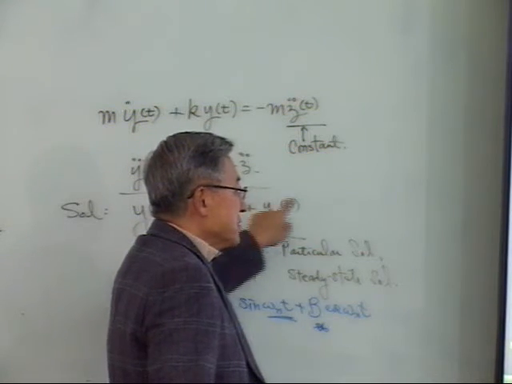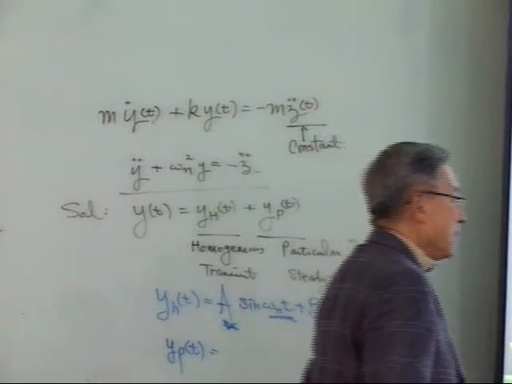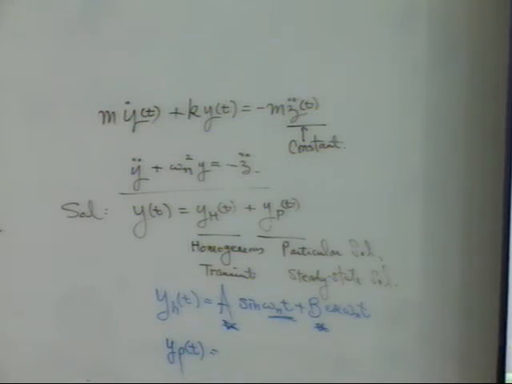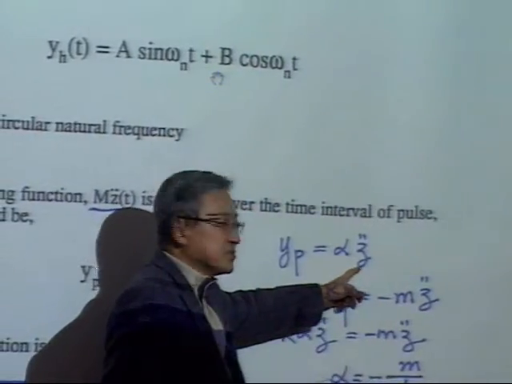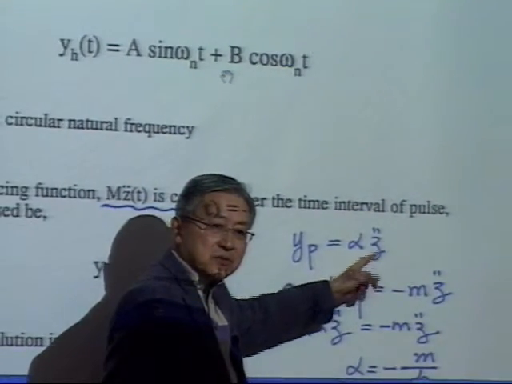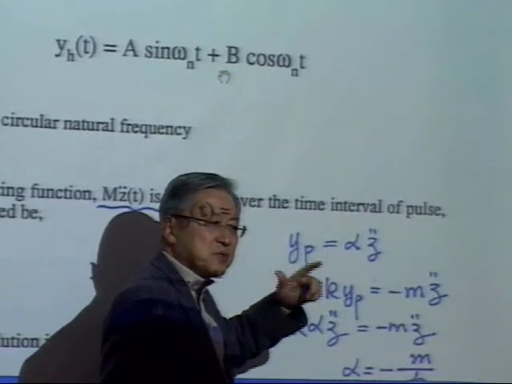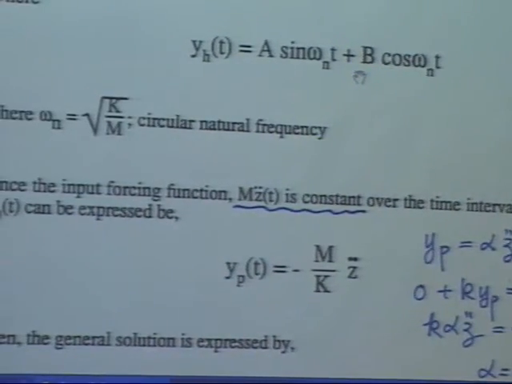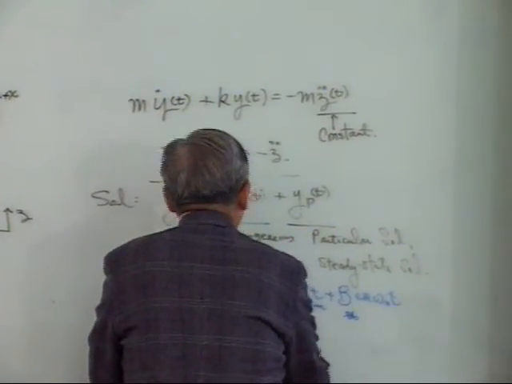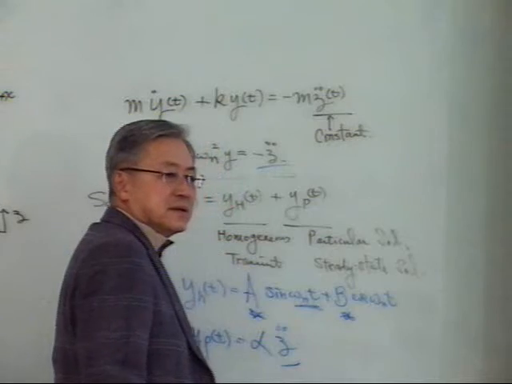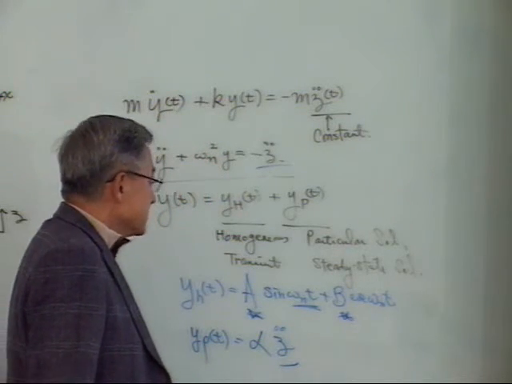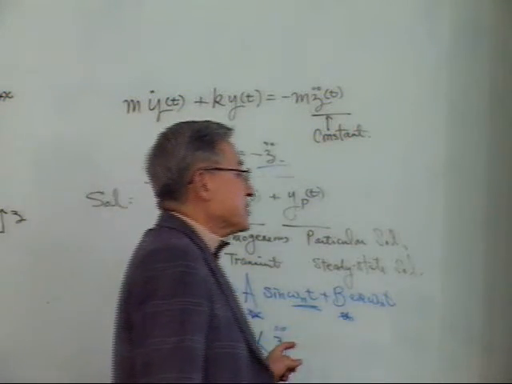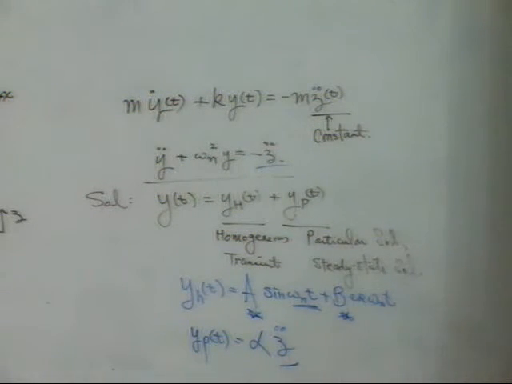So I said, okay, I don't know, but let's say some unknown alpha times z double dot, to get the particular solution, which means a steady state solution. So then I have alpha z double dot, which is proportional to this. Then you can determine the y there.